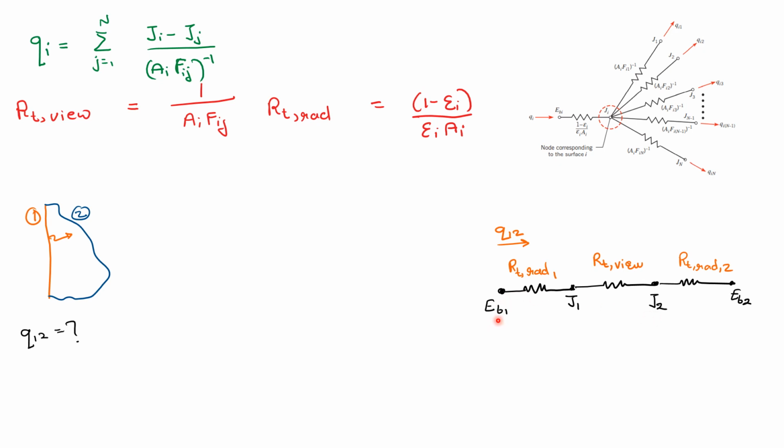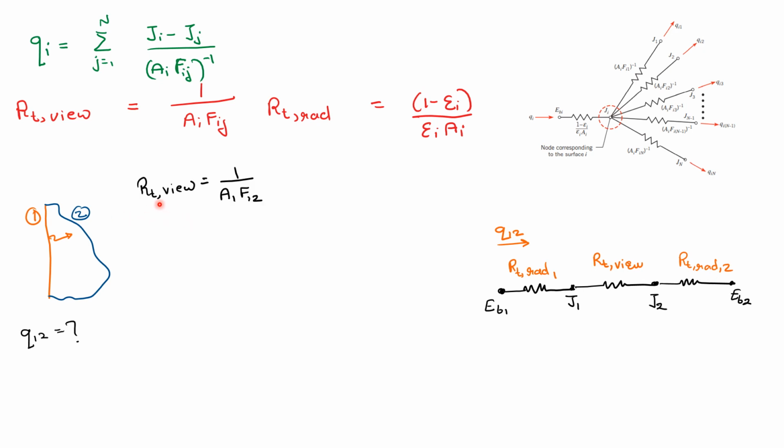The resistance between Eb1 and J1 will be R_rad1. Between J1 and J2, because we just have two surfaces here, we will just have one resistance due to the view factor, and we will have another resistance between J2 and Eb2, and that's R_rad2.